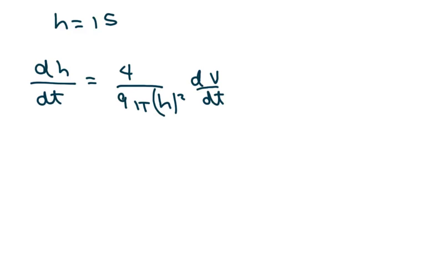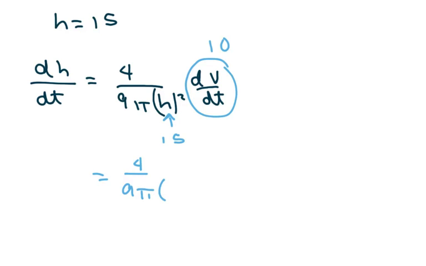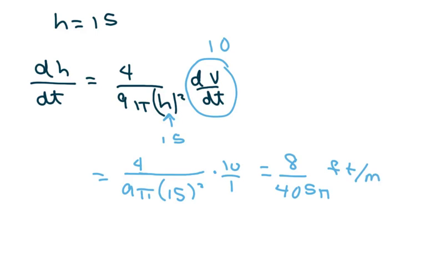We know this equals 10, and we know h is 15. So this is going to be 4 over 9 pi times 15 squared times 10, which if you reduce this gives you 8 over 405 pi feet per minute.